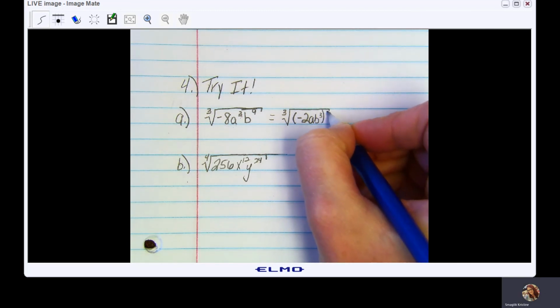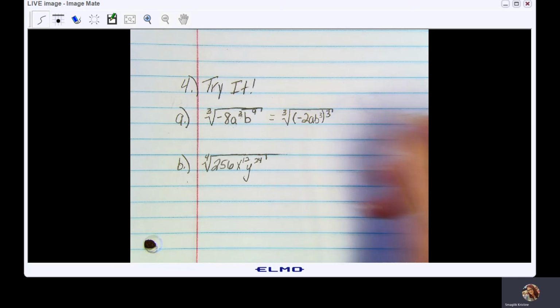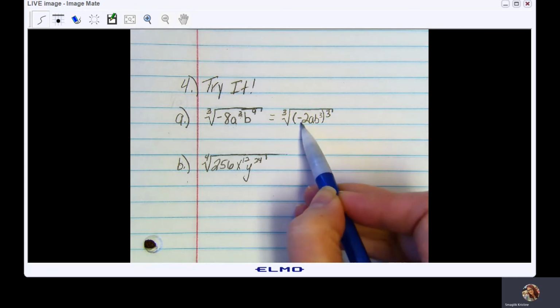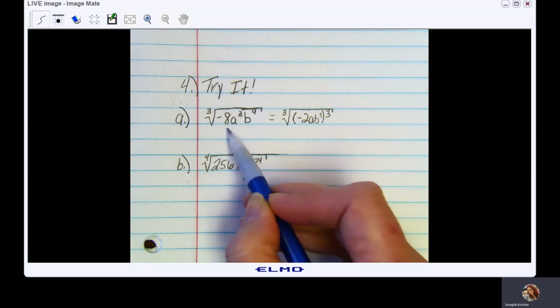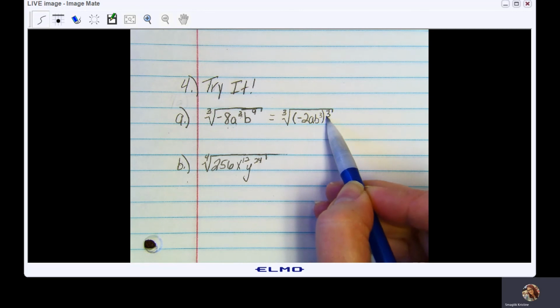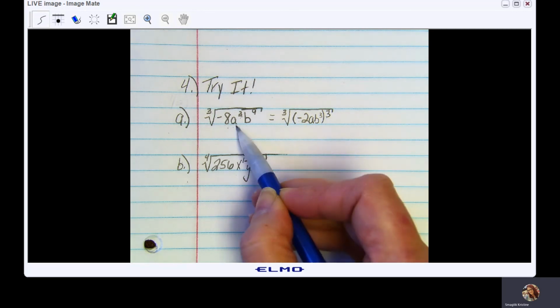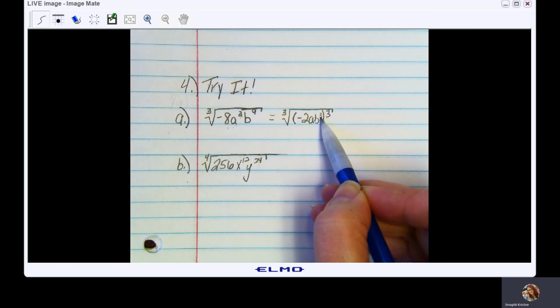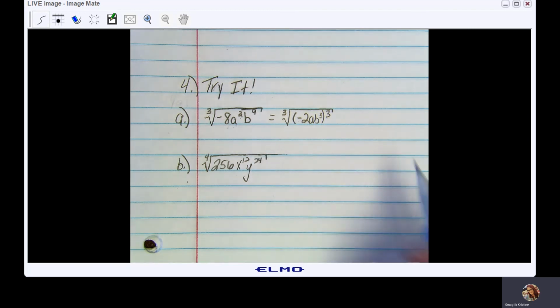And then what I'll do is I will raise everything to the 3rd power. And again, remember, if you redistribute this 3, -2 raised to the 3rd power is -8. A raised to the 3rd power is a cubed. B to the 3rd raised to the 3rd power, 3 times 3 is 9.